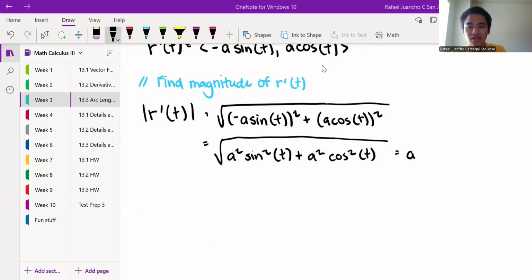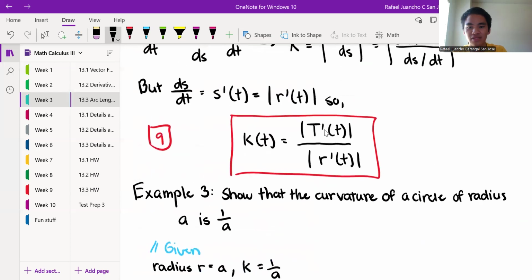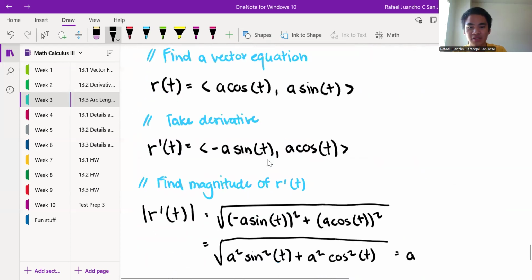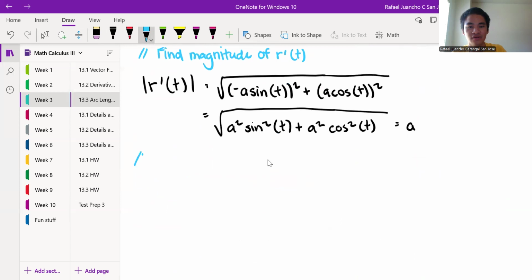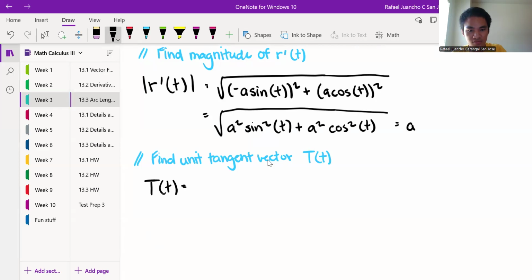And from there, I can now find my T of t. So here we find the unit tangent vector. I don't know what the naming was, but it's basically a unit vector that's tangent. So to find T of t, we need our derivative, which we already have, divided by its length.